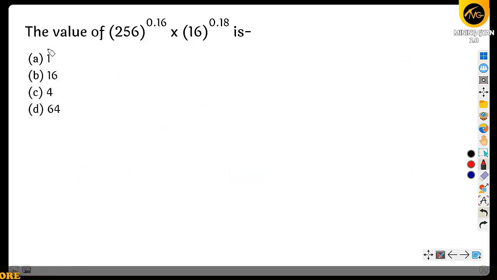Now next one is the value of 256 power 0.16 and 16 power 0.18. The options are 1, 16, 4 and 64.